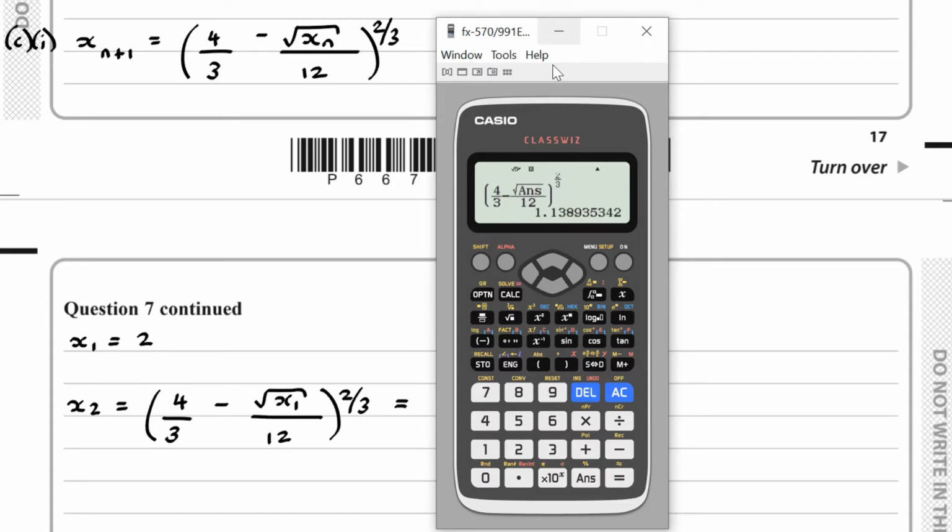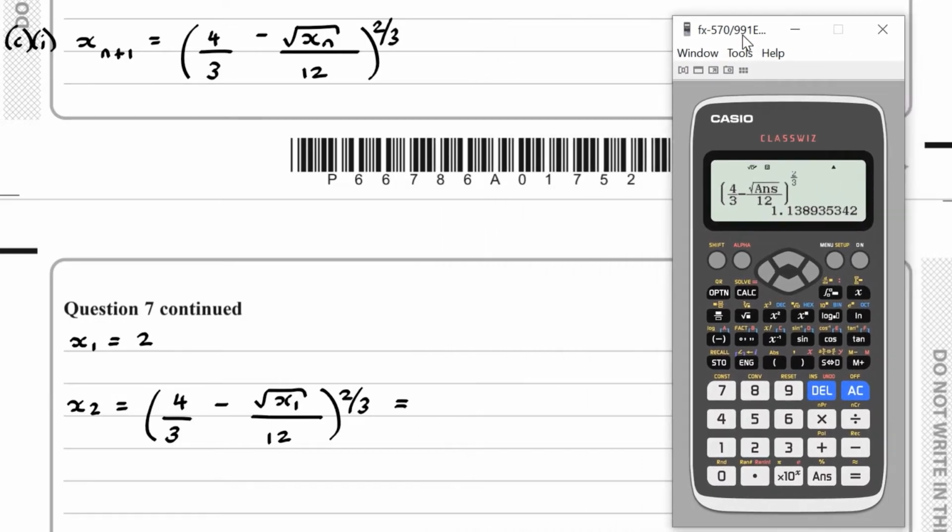So this tells us the value of x2. So the value of x2 is equal to 1.1389, etc. Which to 5 decimal places is 1.13896.